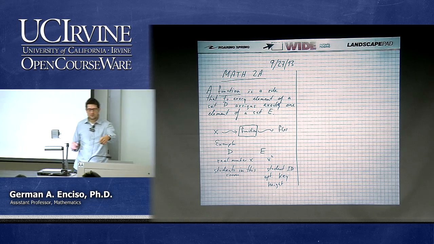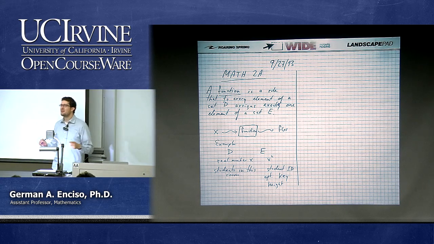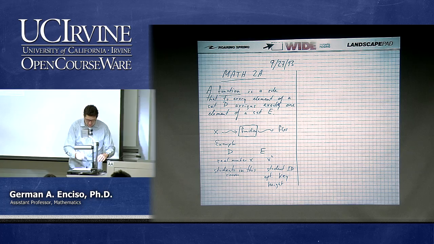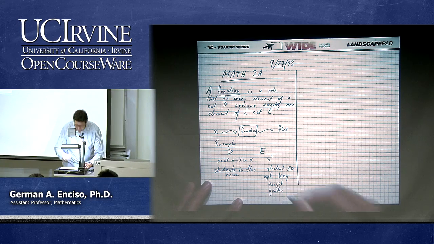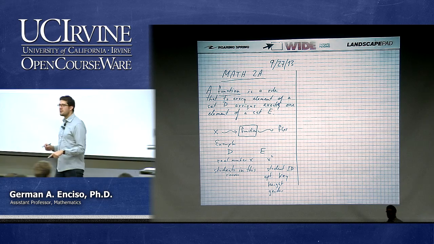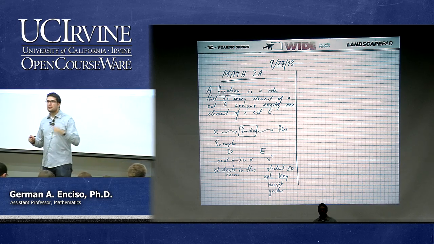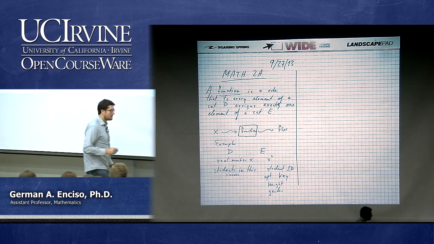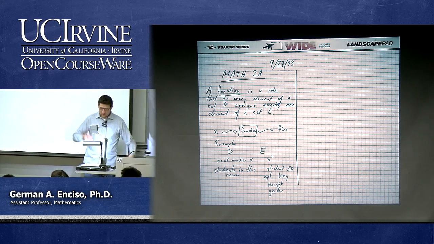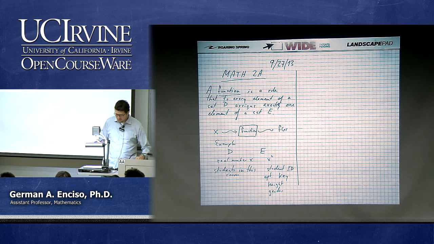Okay. What's that? Gender. Yes, I like that. So the set D would be the set of all the students, and the set E would be the set of the two genders, male and female, right? We might also get more tricky, but we're just going to leave it there.